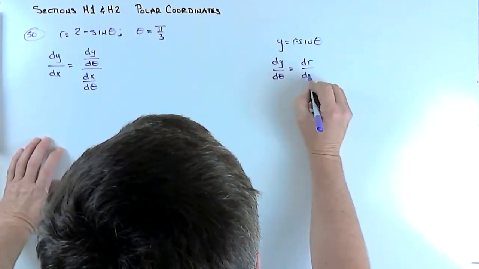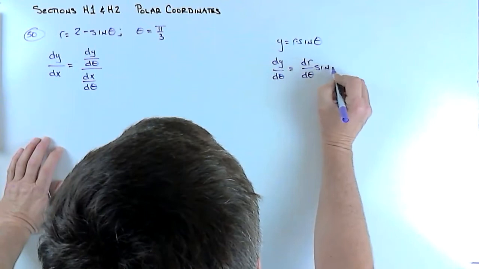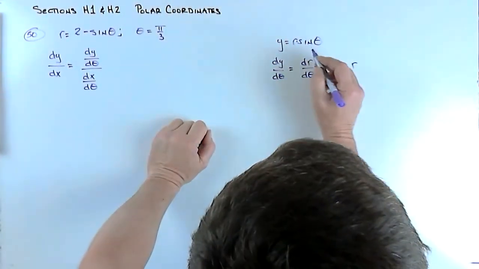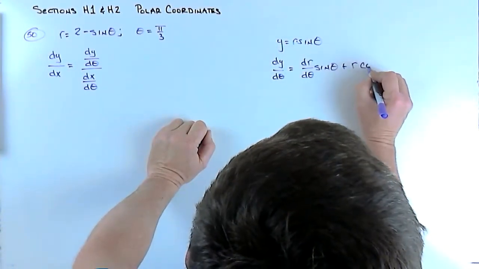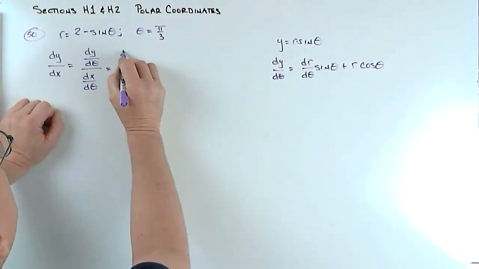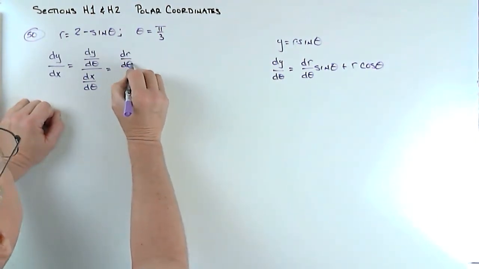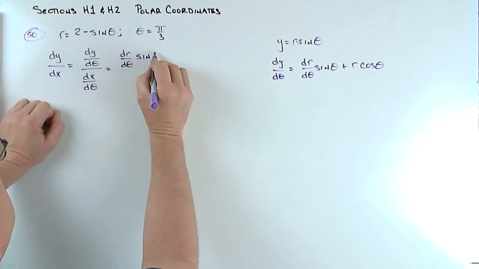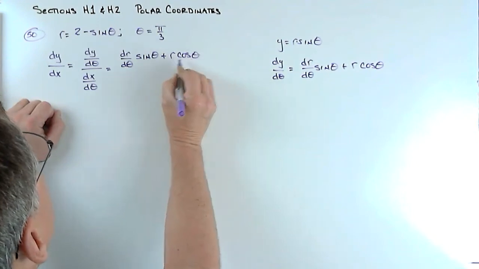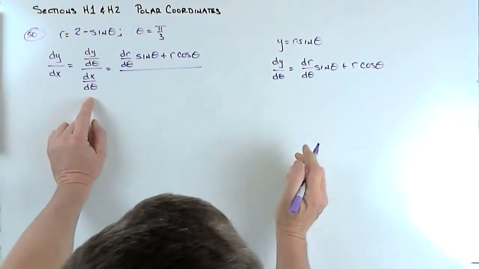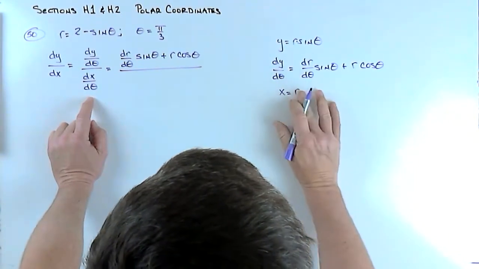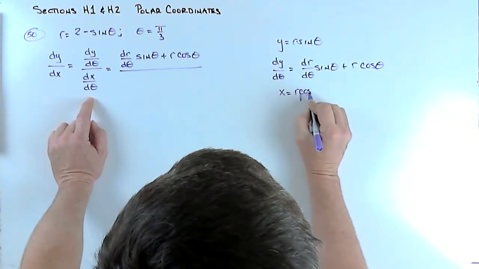So that would be dr d theta times sine theta. We're doing the product rule, plus, and then we're going to get our r, and we're going to take the derivative of sine theta, which is going to give us cosine theta. So our numerator for our formula is dr d theta sine theta plus r cosine theta. And we would find dx d theta, again, if we don't remember this formula, x is equal to r cosine theta.